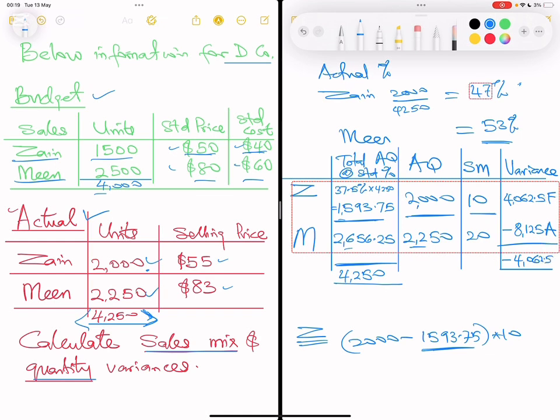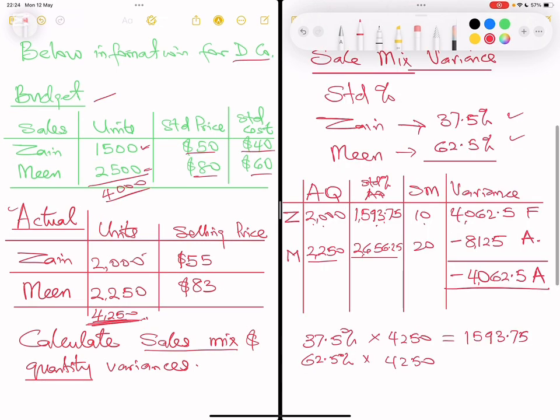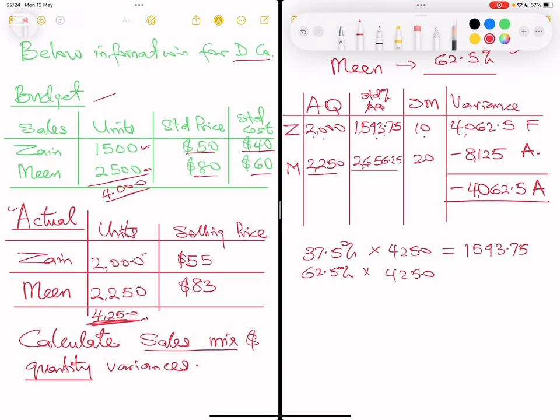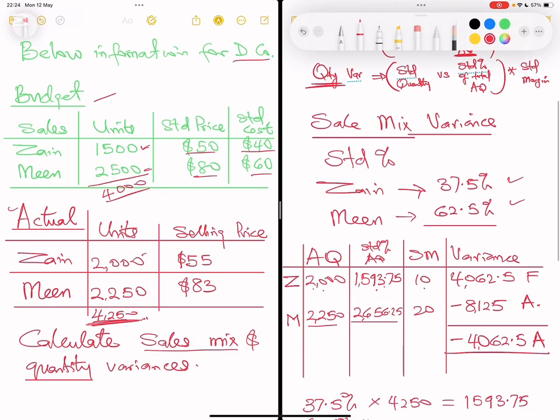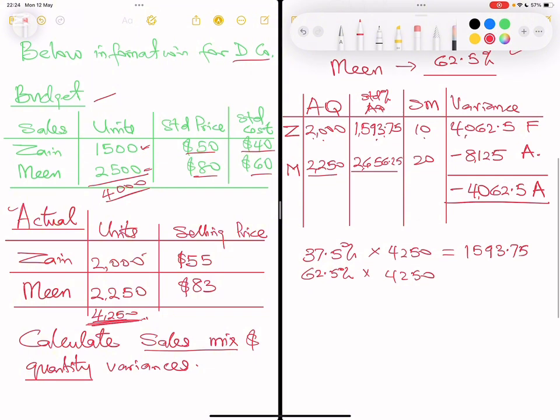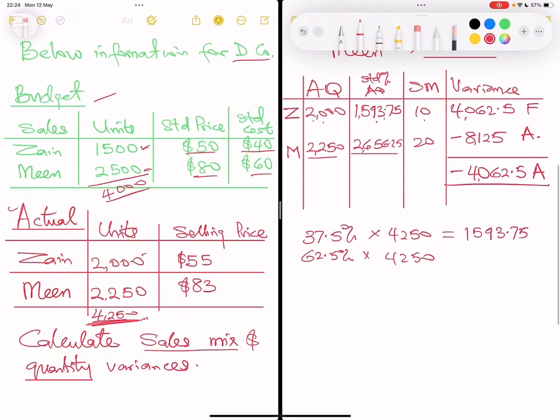And surely this is adverse, because we have more adverse than favorable. So the net is 4,062 adverse, which means for sales mix, it's adverse of $4,062.